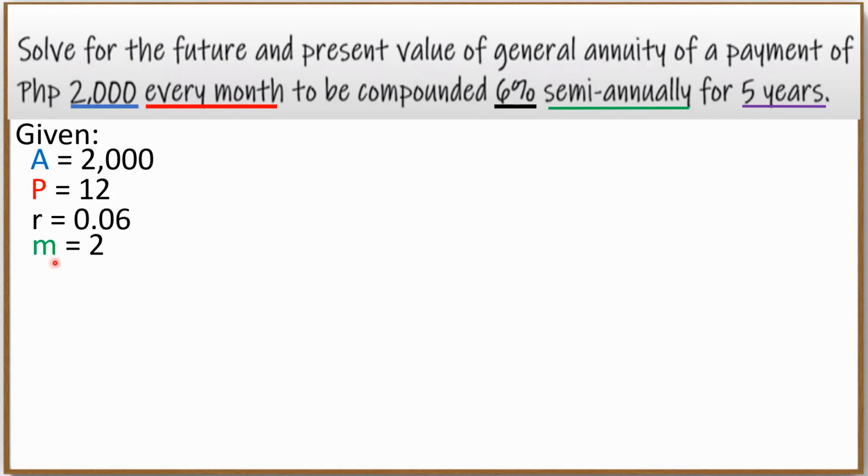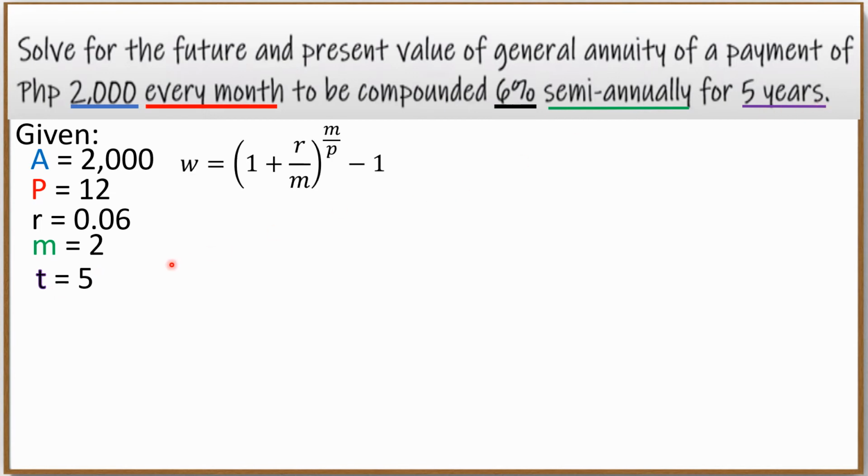Our M is equal to 2. How do you get 2? So it is said here that our compounding period is semi-annually. So you will just divide 1 whole by 2 because that is semi-annually. And next we have the term, which is equal to 5 years.